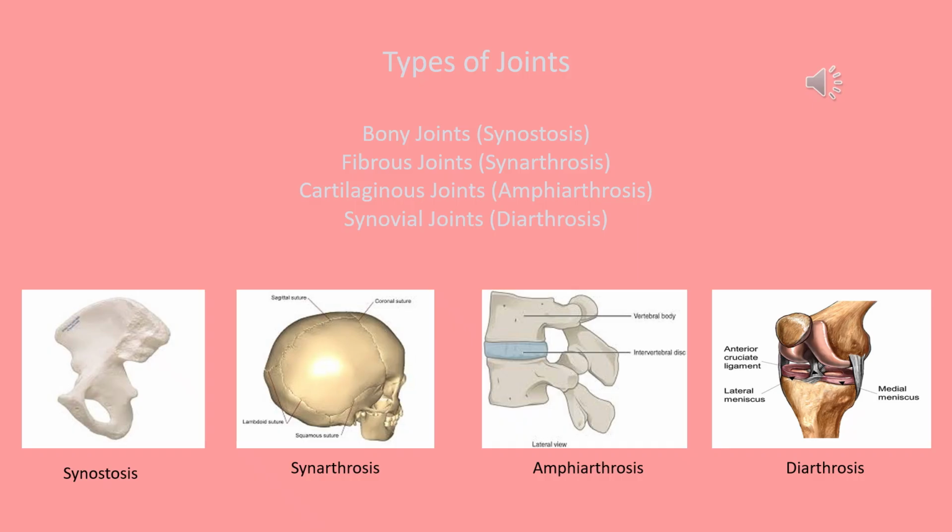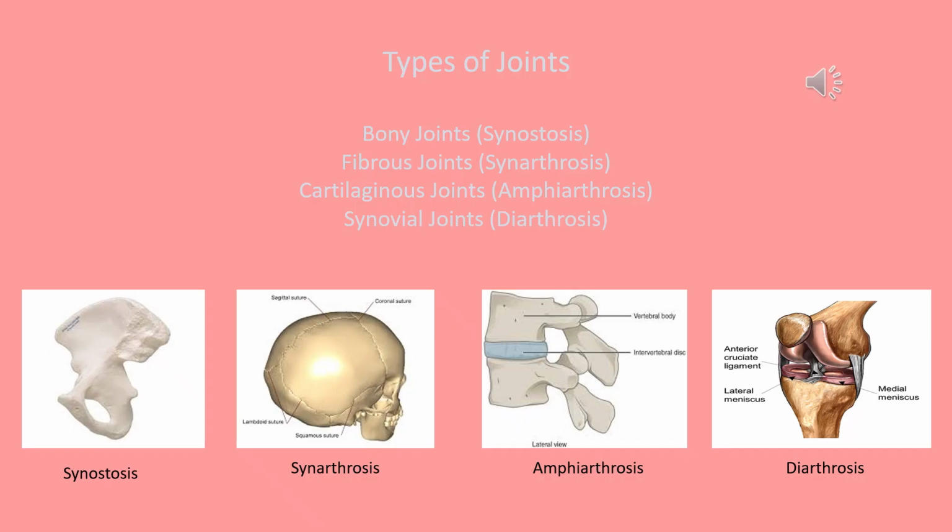Also, when the cartilage is fibrocartilage, then we call those joints a symphysis. The best example of a symphysis joint is the pubic symphysis, which joins the right and left pubic bones. The example shown in the picture is the intervertebral disc, that is fibrocartilage that connects the bones to each other.